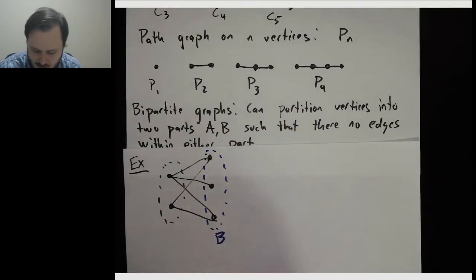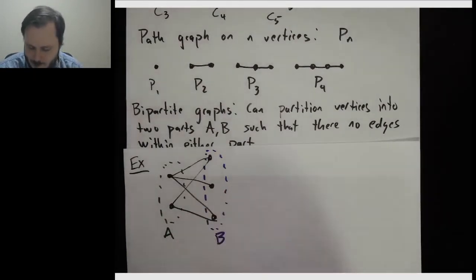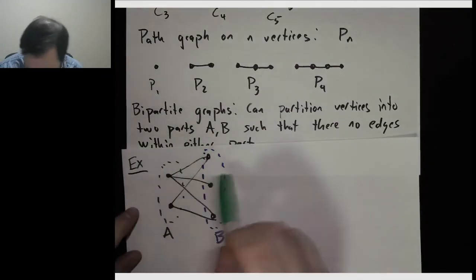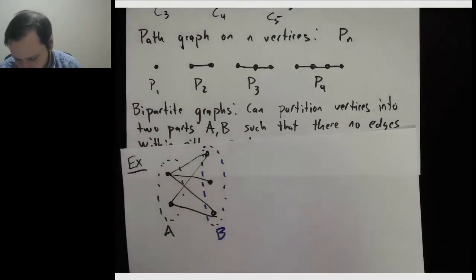This could be B, this could be A. Within my 2 parts, there's no edges. There are edges between the parts, but not inside.